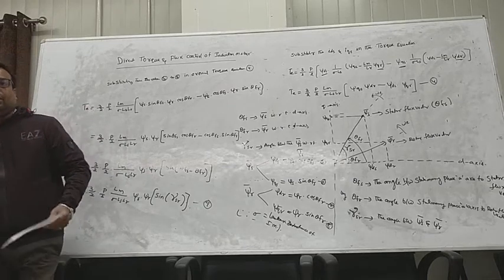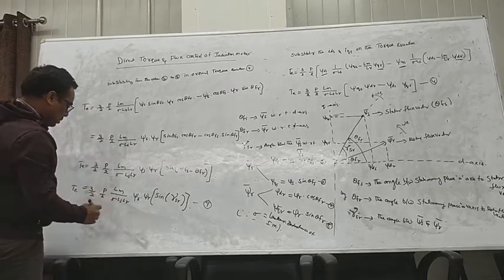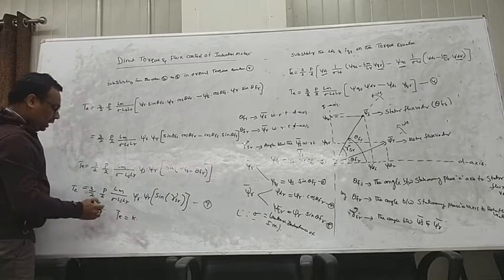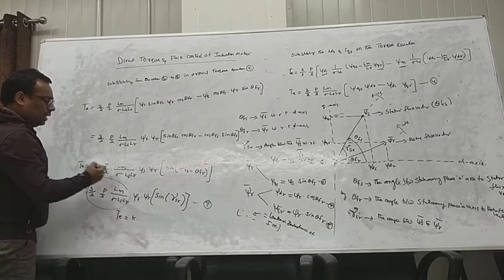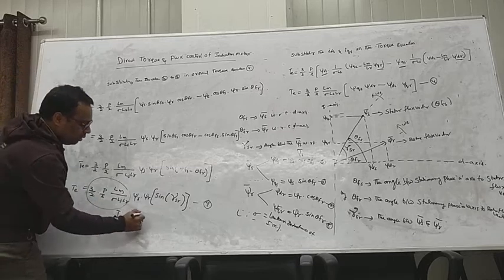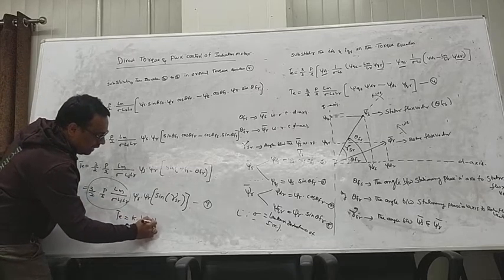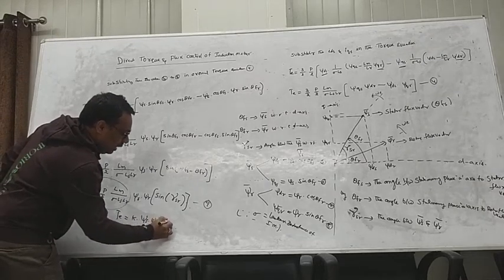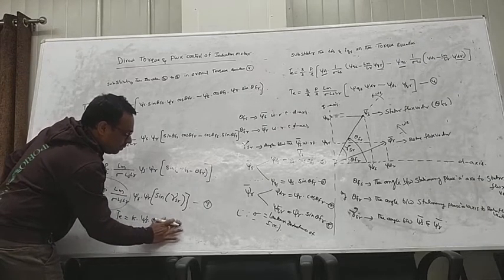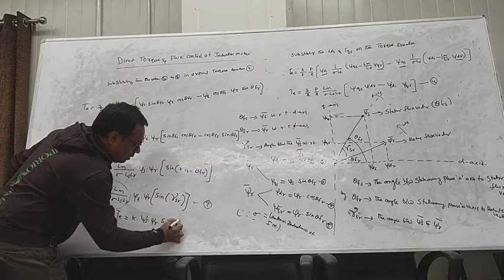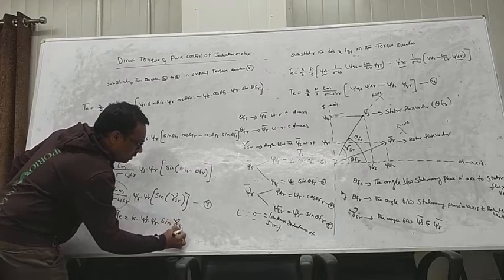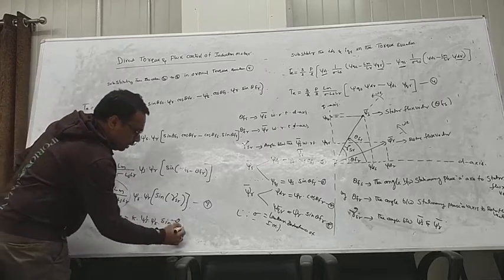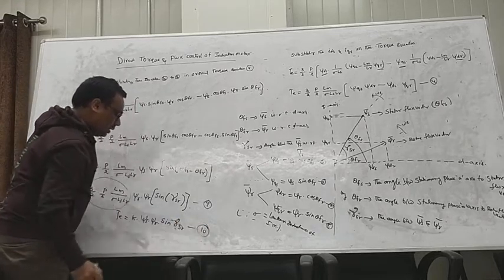So finally, the torque T is equal to some constant K, because this is again a constant, K into psi s into psi r into sin gamma Sr. This is equation number 10.